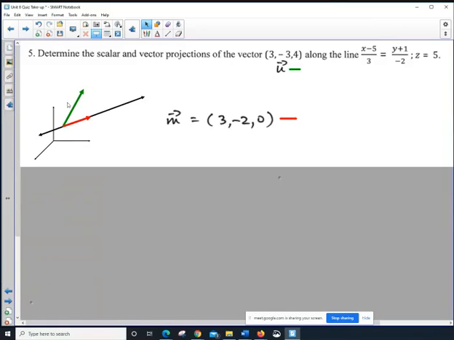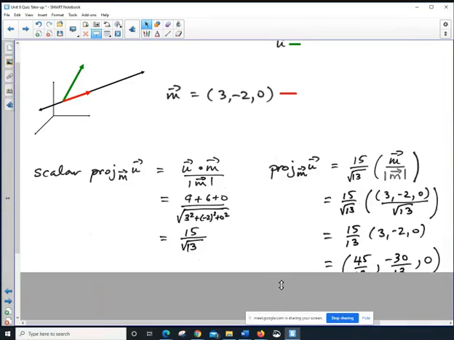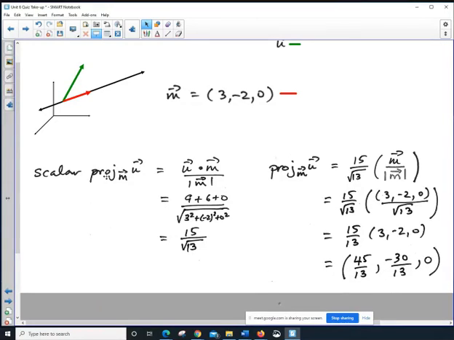So that now I can find my shadow onto the line, and I can find a vector and scalar projection. In this case, I first just found the scalar projection of u onto m, using my formula for scalar projection. Now for the vector projection, there was no point in redoing some of this work.